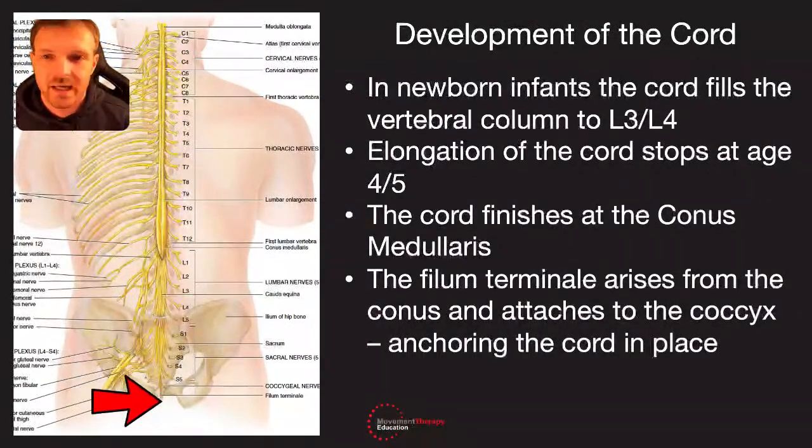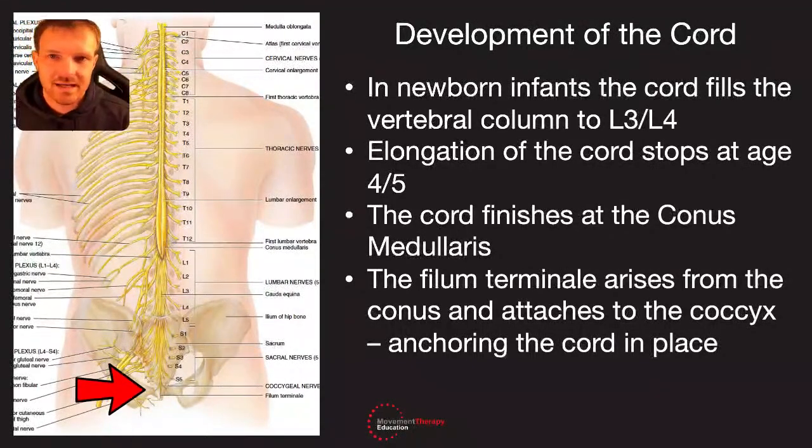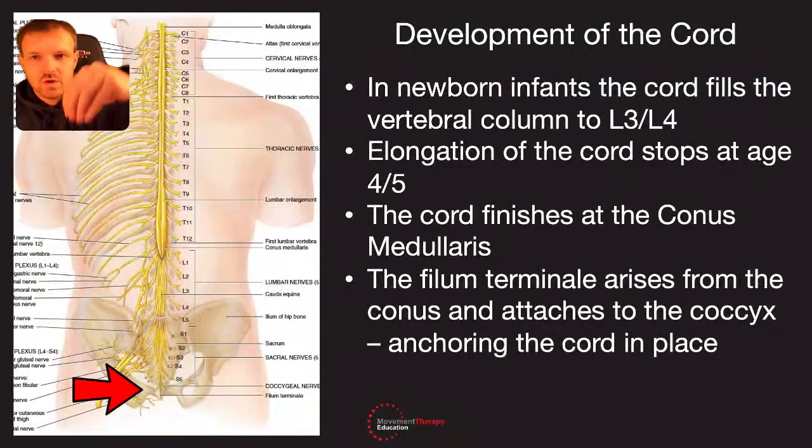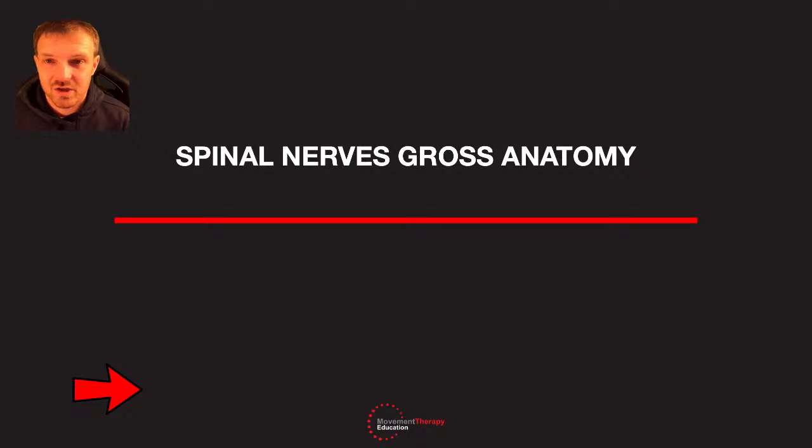This is why, if you land on your bum and fracture your coccyx, it can be so painful, because it can injure that ligament, and then your cord is no longer fixed in position. It does then have room to move. Again, I don't know how uncomfortable that would be, but I can imagine it wouldn't be very nice. Landing on your bum and fracturing your coccyx might sound funny, but actually it could be really sore.